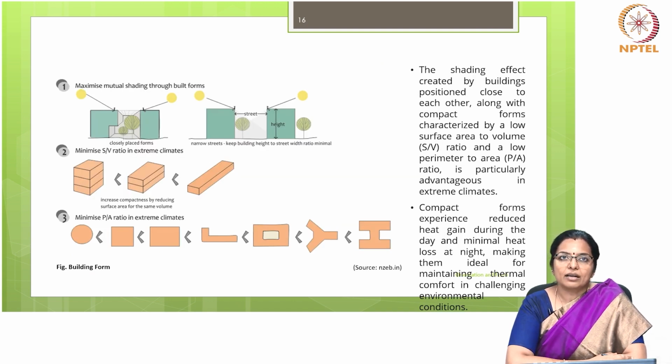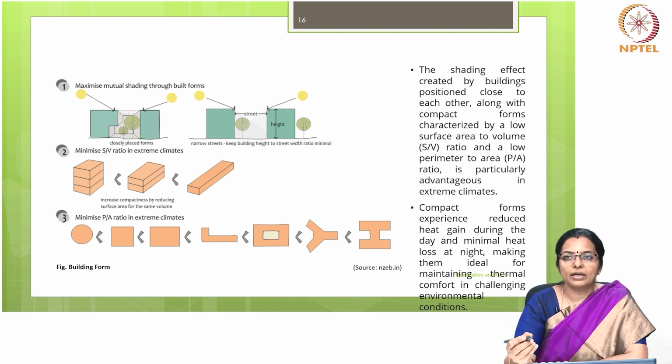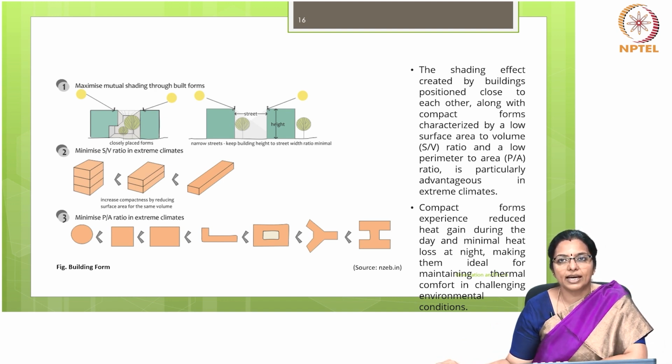In bioclimatic architecture, the ideal form of a building is closely related to achieving optimal thermal comfort for occupants, especially in extreme climates. A compact building form with a low surface to volume ratio and a low perimeter to area ratio is considered ideal for several reasons. First, it causes reduced heat gain.